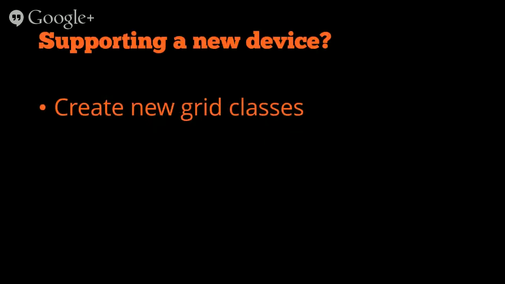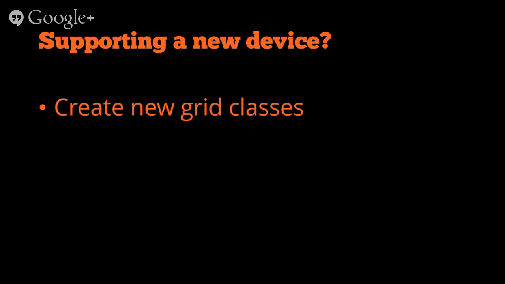The other problem we have is, and this is not so much of a hypothetical situation, supposing there's a new device in the market tomorrow that we just have to support because it's super popular, and it could completely have a different resolution or a screen size that we are not supporting right now.